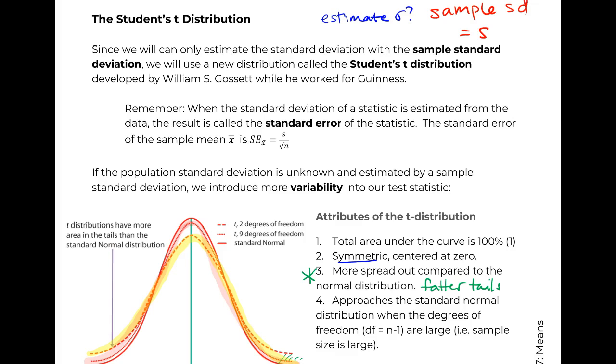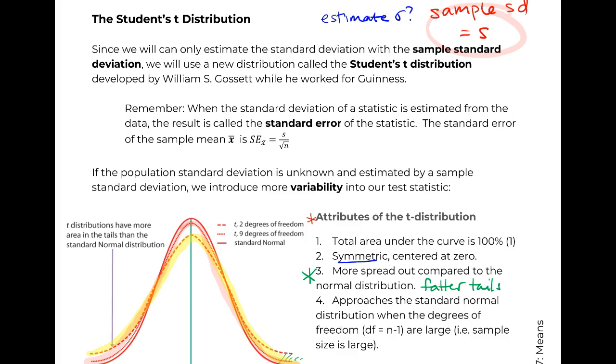So as your n gets bigger and bigger, our estimate of sigma gets better and better, and we don't need as much variability or probability out in those tails. So that's the student's T. I do sometimes ask questions about it compared to the normal, so make sure you understand what its shape looks like. And otherwise, we just need to know how to use that in these questions, right?